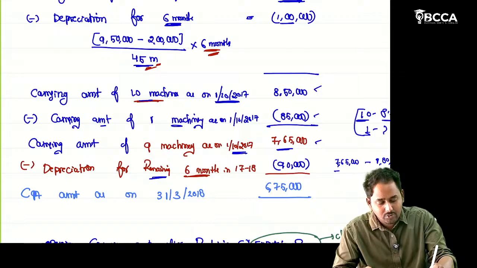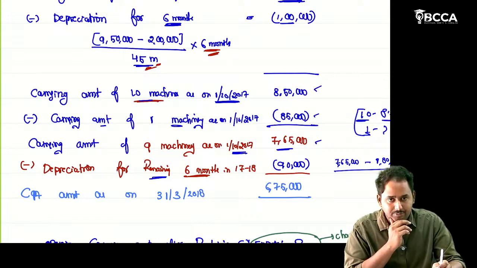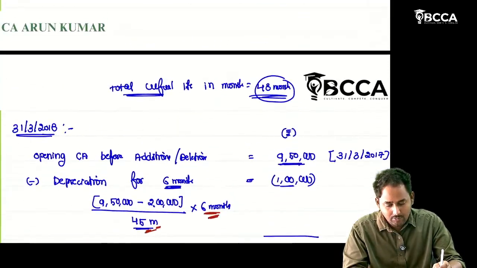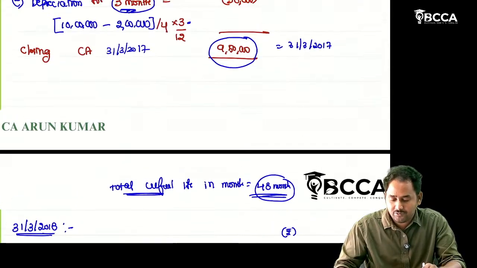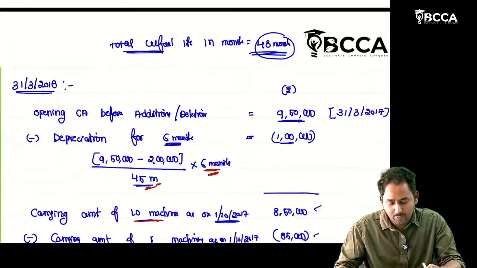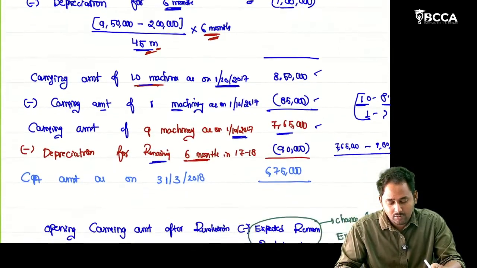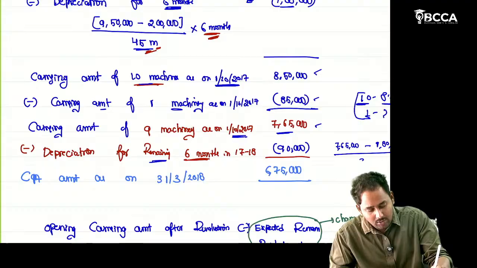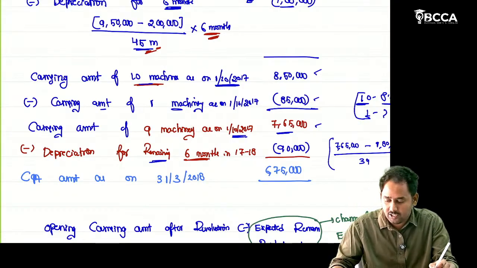So 1,80,000 should be deducted, divided by the useful life. What is the useful life? 48. Out of 48, we already provided depreciation for 3 months here. Again, I provided depreciation for 6 months here. What is the remaining now? Tell me the remaining expected useful life. 39.